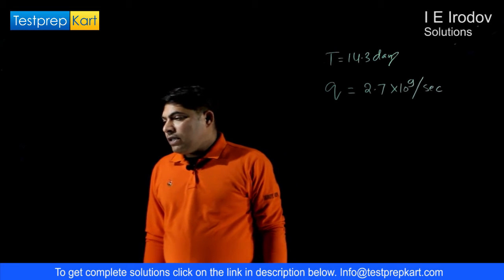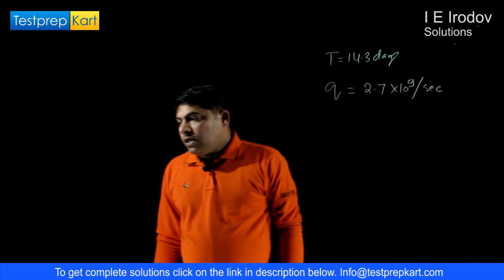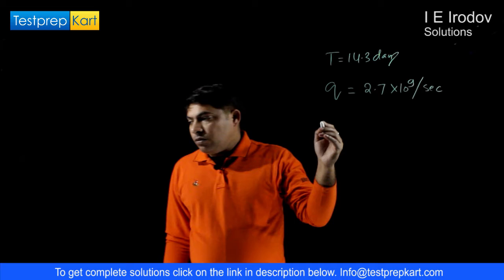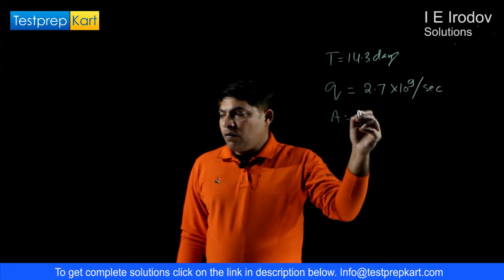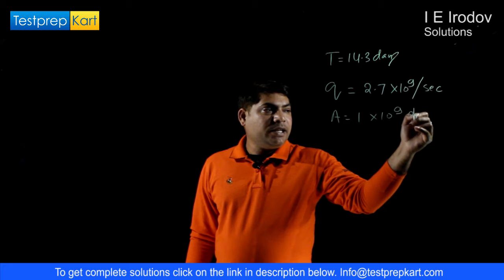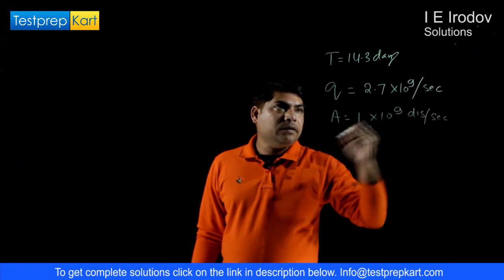How soon after the beginning of the production will its activity equal A = 1 × 10^9 disintegrations per second?